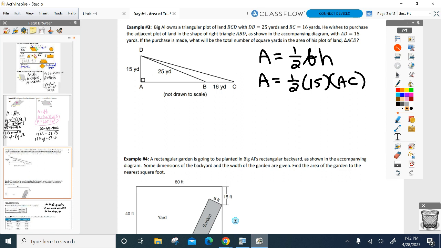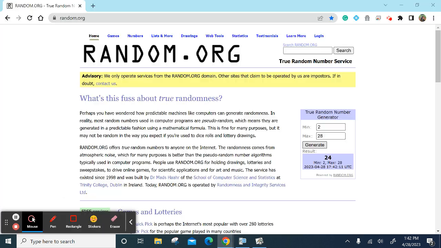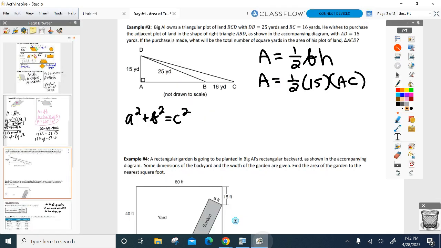Thank you. A squared plus B squared equals C squared. Make sure we're doing it on the correct triangle. Next up, give me some values to plug in there. Oh, 9. Got it.